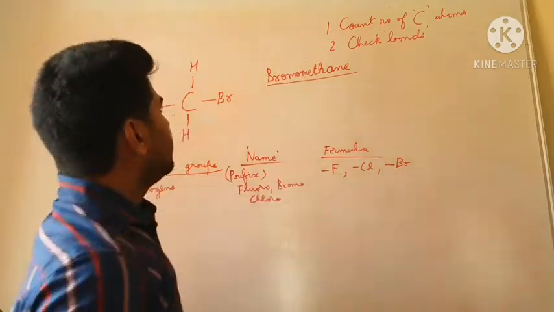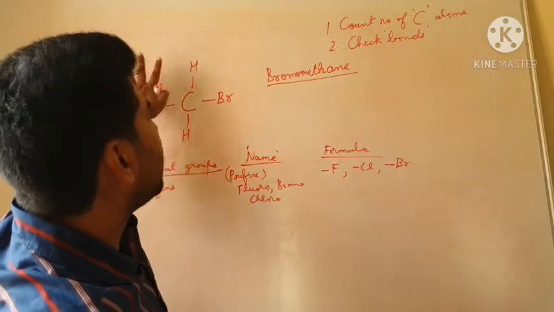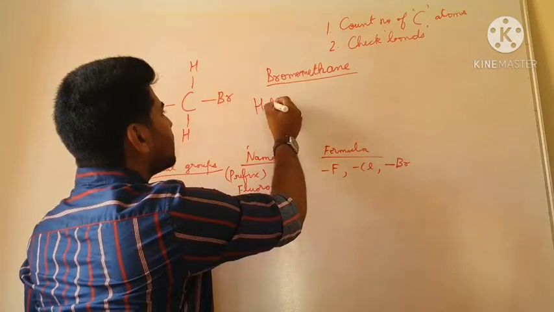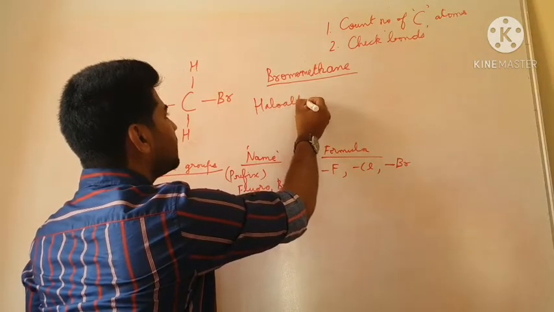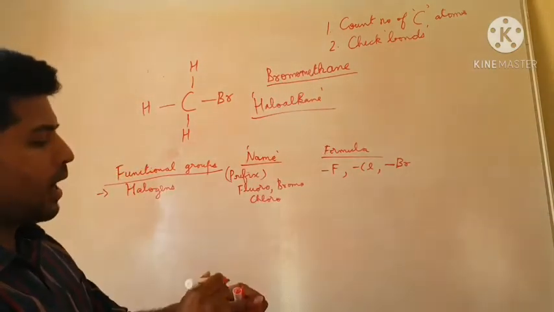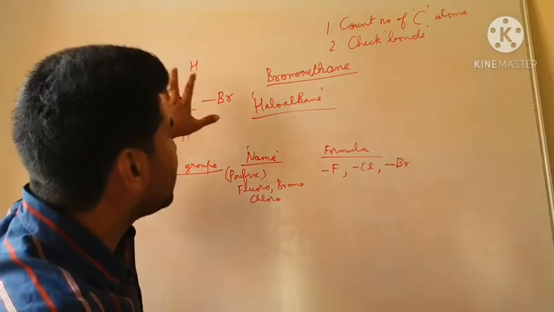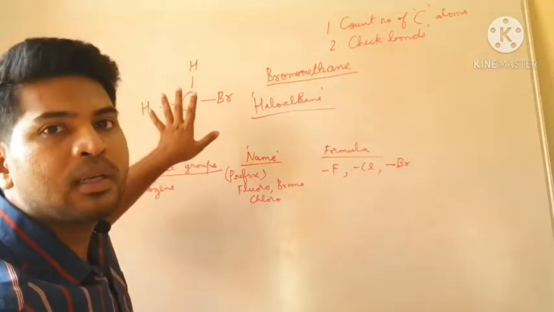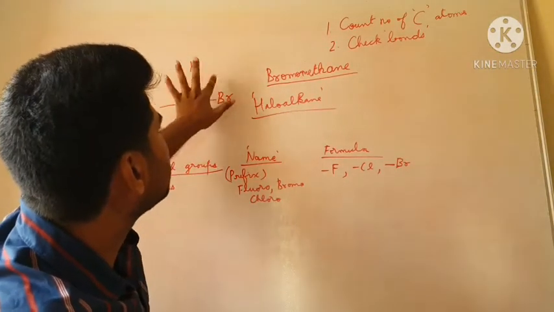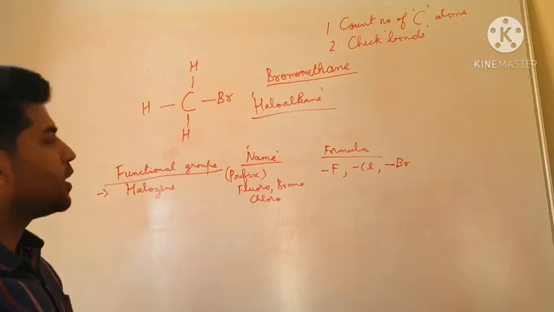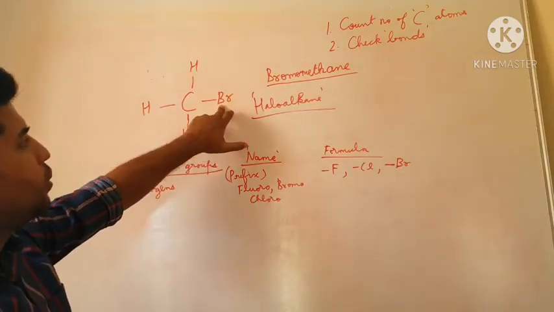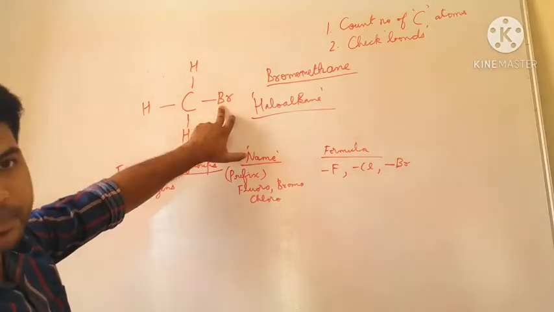So it is an alkane, or we can call it a haloalkane. It is alkane containing a halogen. The chemical properties of this particular carbon compound will be provided by the halogen group. That's why it is called a functional group. Similarly, we can replace bromine with the fluorine also.